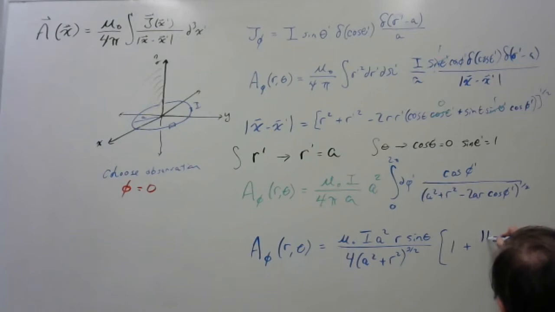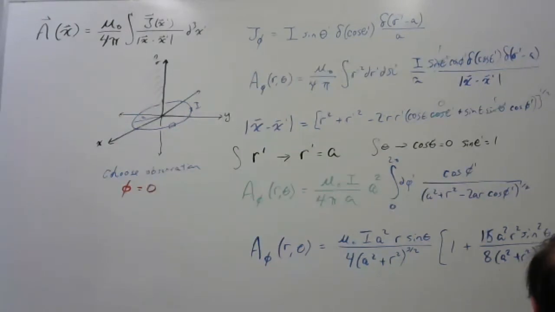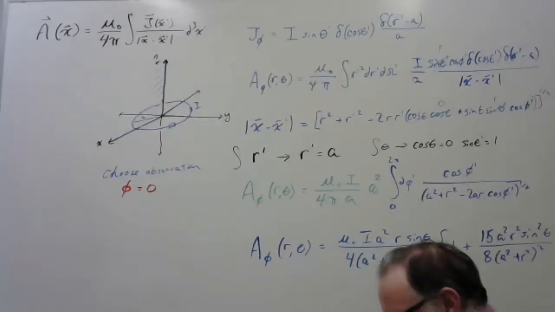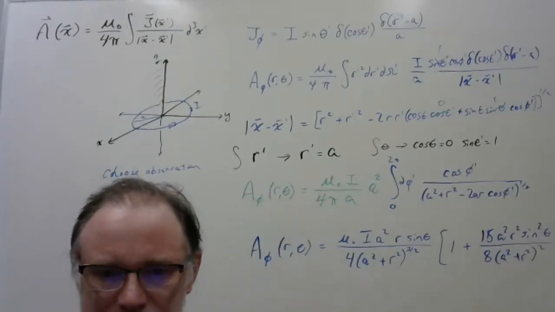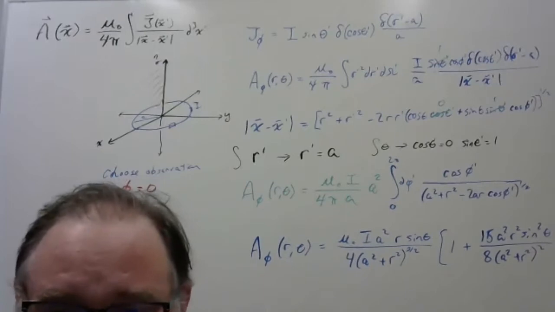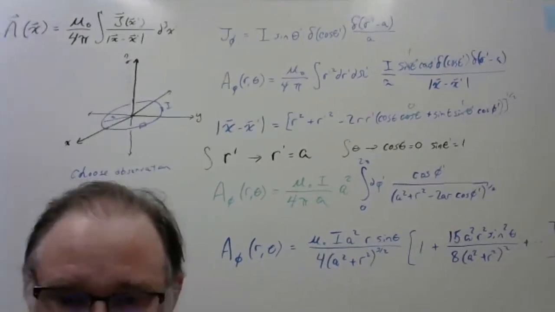So I got 15 a squared r squared sine squared of theta divided by 8 times (a squared plus r squared) squared, plus more stuff. Wow. Isn't that exciting? Isn't that just the best thing you've ever seen?